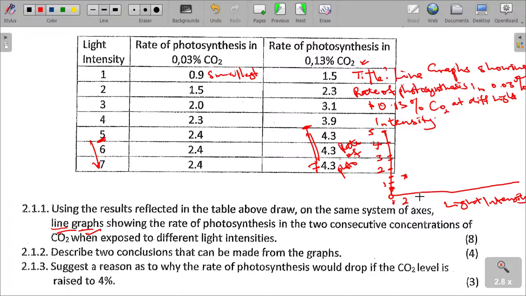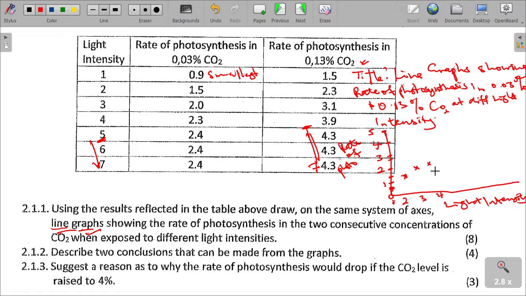And then 3 is 2.0, which is somewhere there. And then we've got 4, which is 2.3, somewhere a little bit up there.